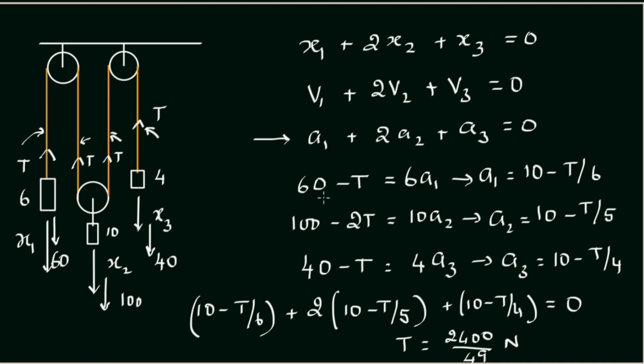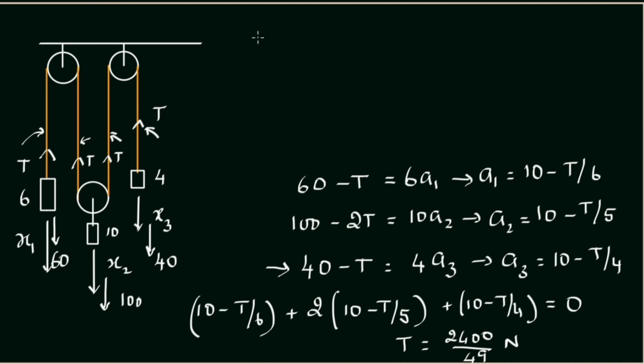Now we just need to substitute the tension into each of these equations and find the corresponding accelerations. As an example, I'll just do one of them. Let's find a3, the acceleration of the 4 kg block. So a3 is going to be equal to 10 minus T by 4. T is 2400 by 49. When you divide by 4, I should get 600 by 49.